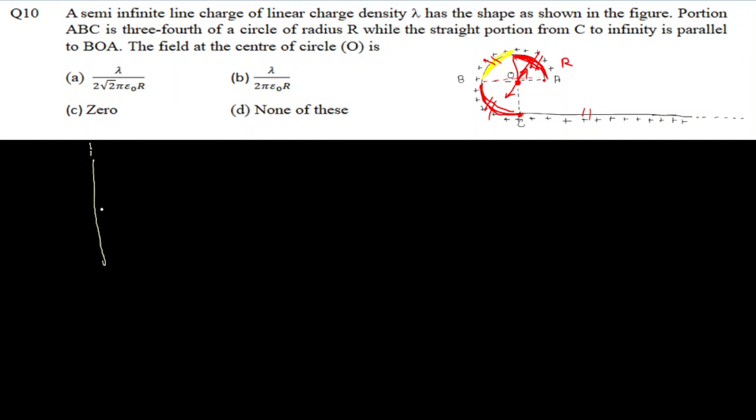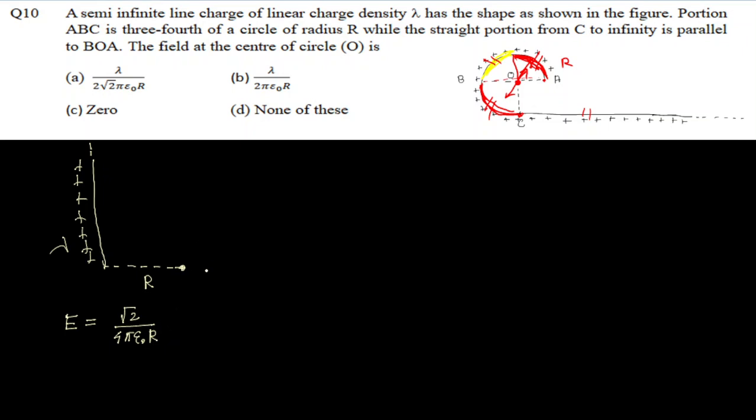If we have a semi-infinitely long wire like this, carrying charge per unit length lambda, and we want to calculate the field at one end at a perpendicular distance r from the wire, then E will be root 2 lambda divided by 4 pi epsilon naught r. This will be the magnitude at this position.